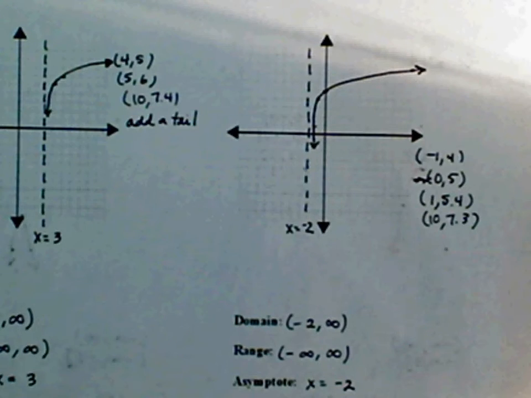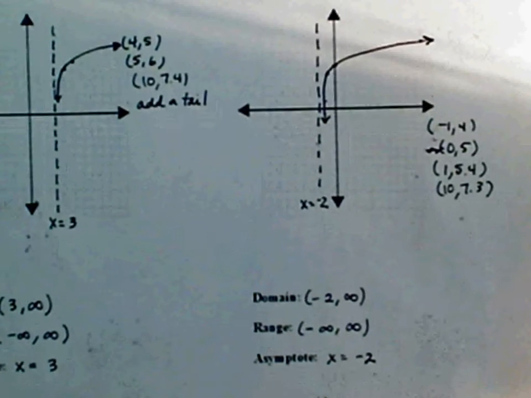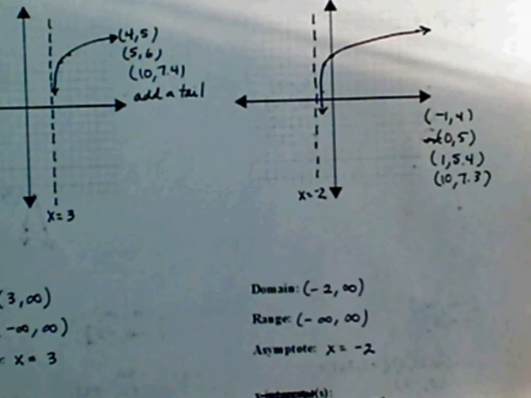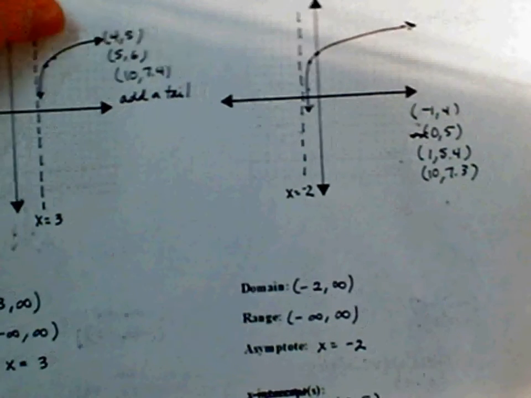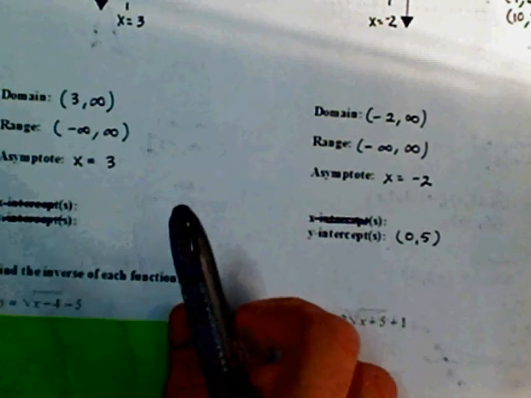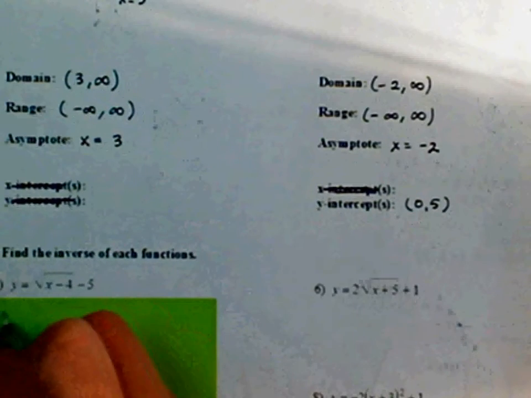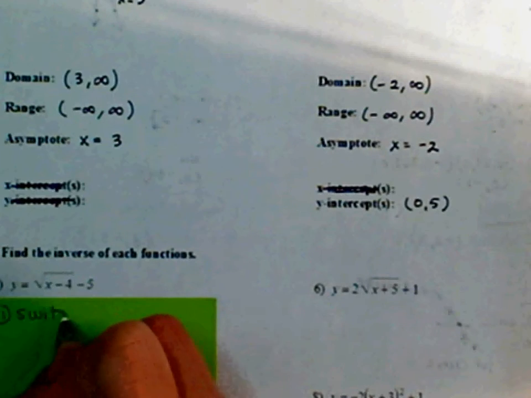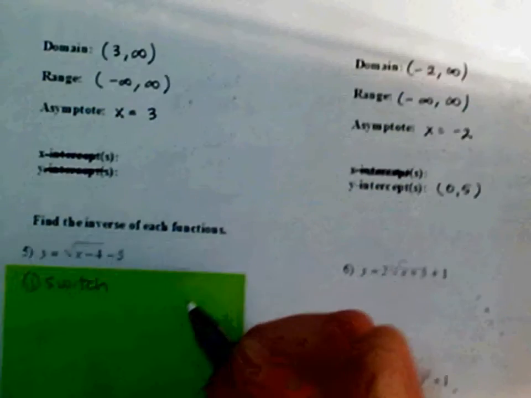Everyone got it? Okay, let's go to your inverse. Here we go. I might need some paper. All right, let's go to the inverse, number 5. Here are your steps in case you forgot. Step 1, switch what? Y and X. Switch your X and your Y. Okay?